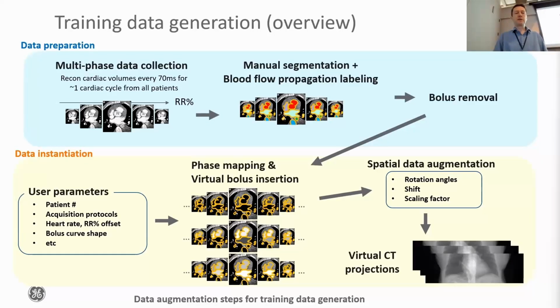We then digitally remove the contrast from these scans so that we get something that looks like a non-contrast cardiac scan. And now our model is ready to be used.